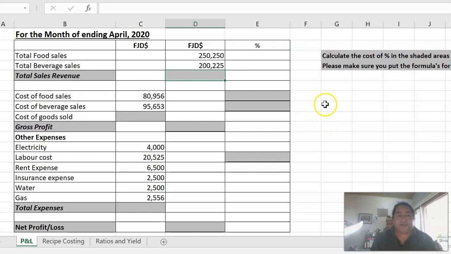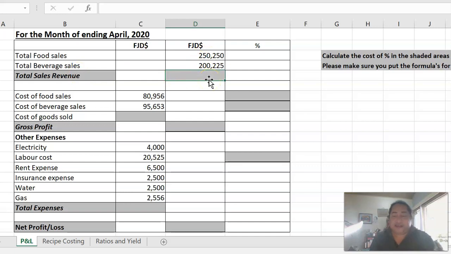Okay, so let's start. This is a financial statement. Obviously, you can tell that it's a profit and loss statement. You did that with me in TS108. So you have your total food sales and your total beverage sales. When you look at the first block here, you need to work out your total sales revenue, and you just add both beverage and food sales.